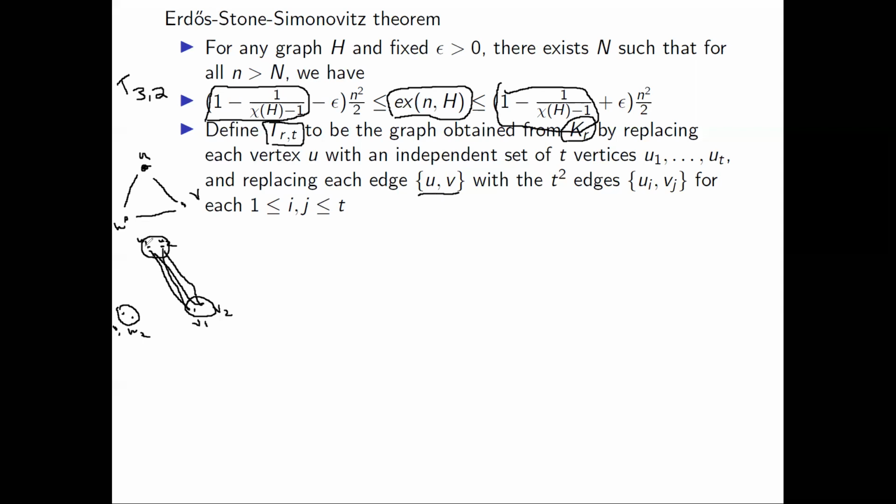And our uw edge gives us u1 to w1, u1 to w2, u2 to w1, u2 to w2. And then the vw edge, we have v1 w1, v1 w2, v2 w1, v2 w2. And we can do this with any complete graph and any t value. So we can build this graph T_r(t).